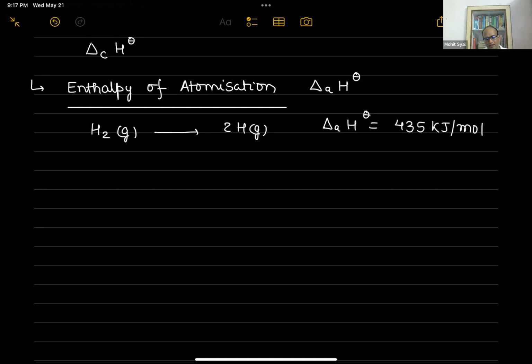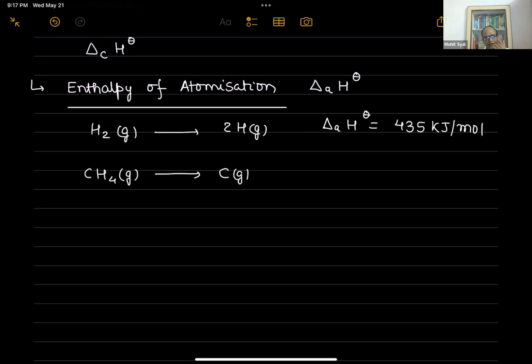Suppose I ask you what you mean by atomization of methane. What will you write on the product side? C plus 4H, carbon, gaseous.